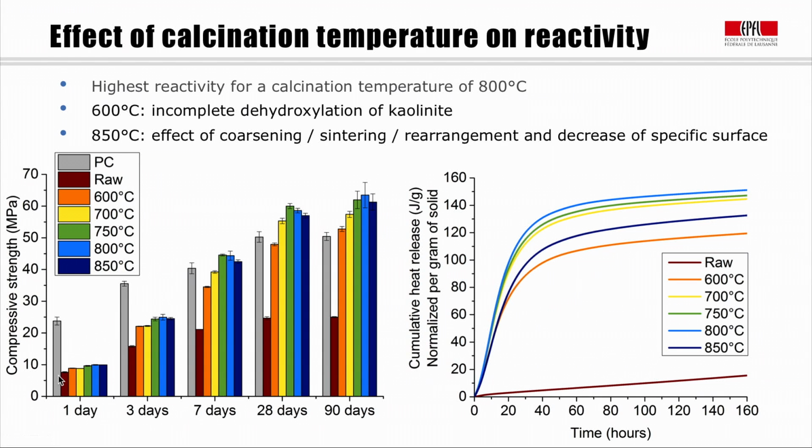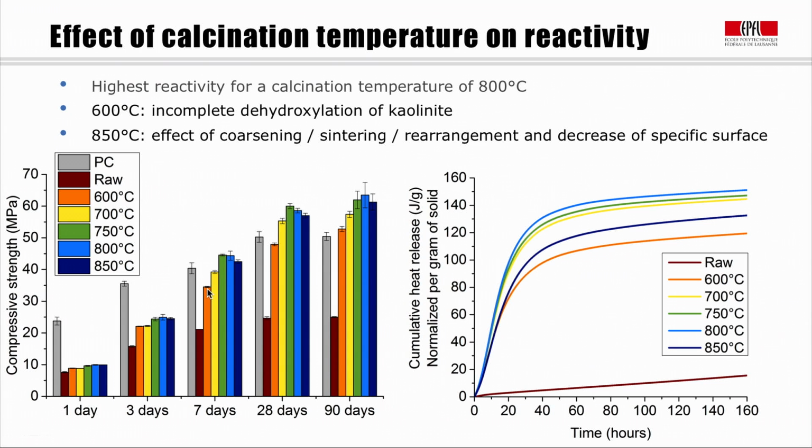And the raw clay, it's just reacting as a filler, so you see the strength development is really quite poor. The calcined clays, even from 3 days, are giving a very significant increase, which is indicative of their reaction. And we see by 7 days that for this particular clay, which contained about 40% kaolinite, for the optimum calcination temperatures, the strength is surpassing that of the Portland cement.